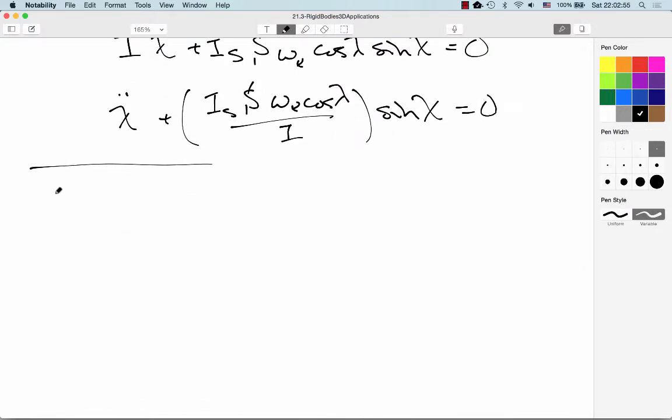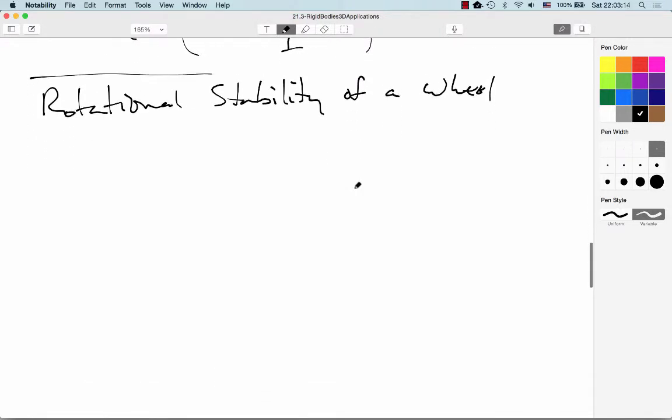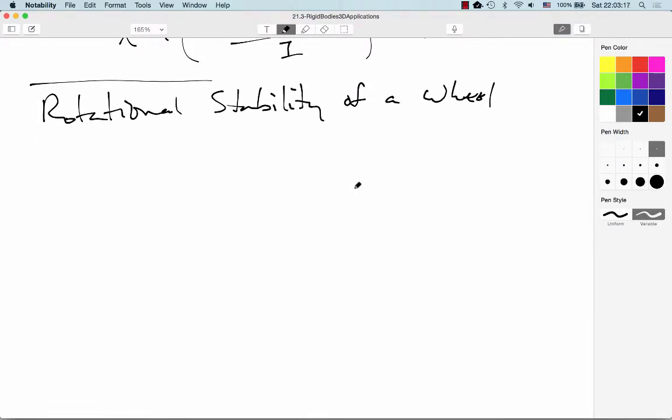The other example I wanted to look at is the rotational stability of a wheel. This has great application for kids when they're learning to bike. I don't know about you, but it was the toughest thing ever for me to figure out how to keep a bike from falling over.